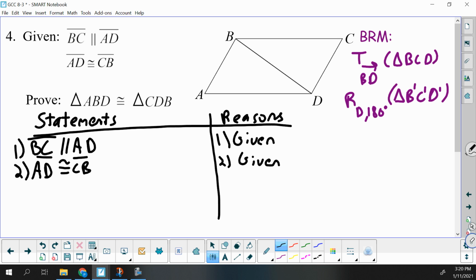So we're given BC, oops, and I forgot my line over the top. BC is parallel to AD, so we'll put on our arrowhead to show parallel. AD is congruent to CB, so we can put our mark on those.